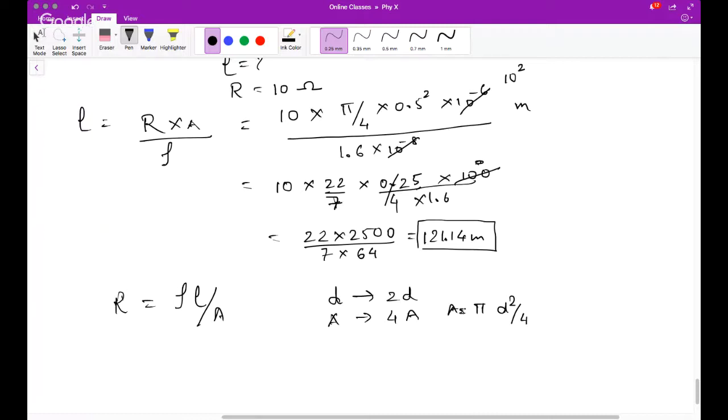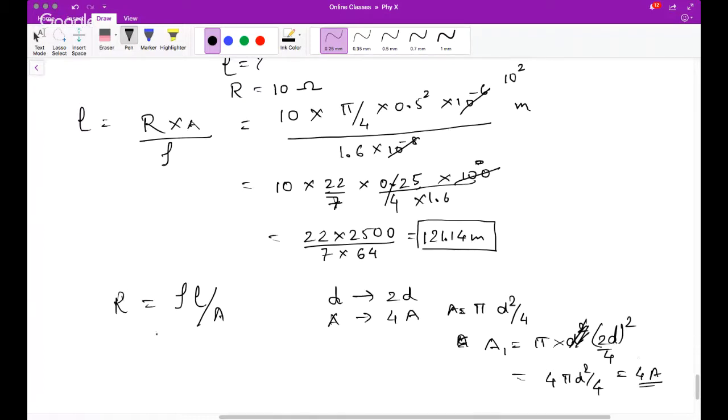If you replace d by 2d, the new area A1 is pi into 2d square by 4. So hence it is 4 pi d square by 4, which is 4A. So the new area becomes 4 times the original one.